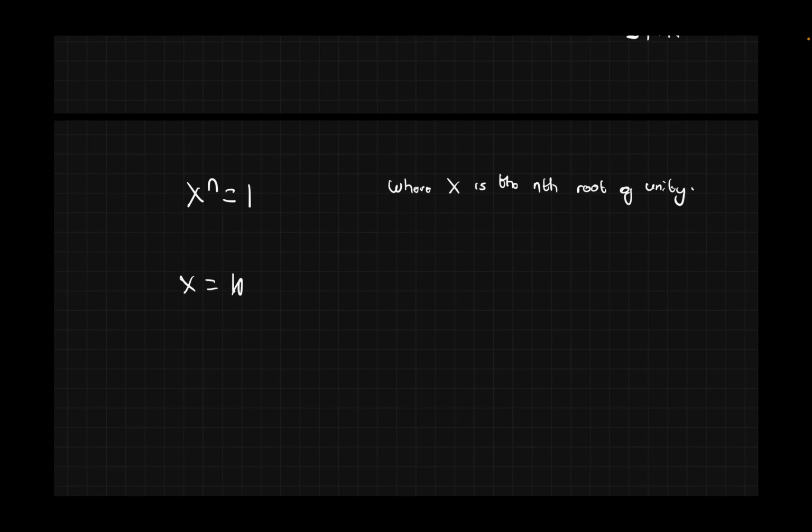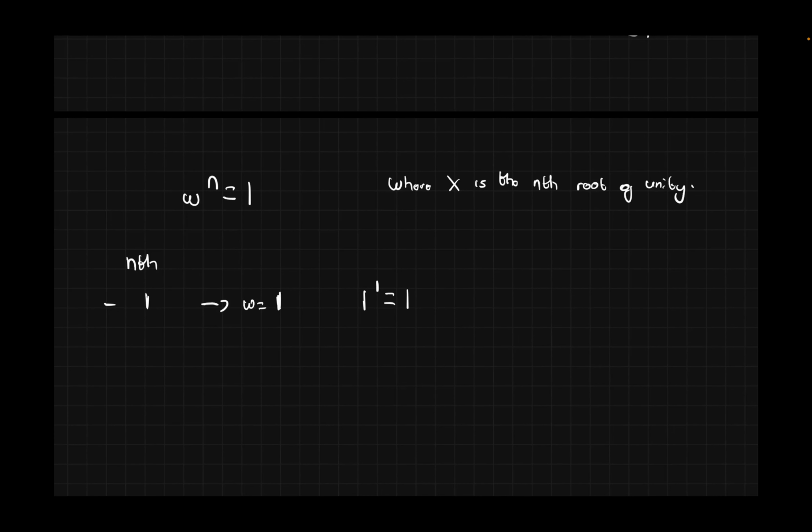Well, they usually call this root of unity thing omega. So let's say n is 1, then the root of unity is just 1. Like omega is equal to 1. Does this make sense? Because 1 raised to the power of 1 is equal to 1. So it checks out.